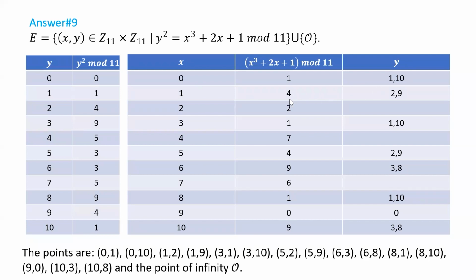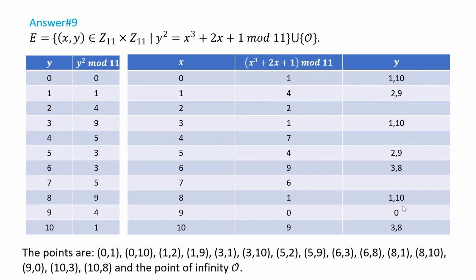Similarly, here we get the value 4. That means 2 square mod 11 is 4 and 9 square mod 11 is also 4. So we write 2 comma 9 here. For x equal to 1, possible y values can be 2 and 9.